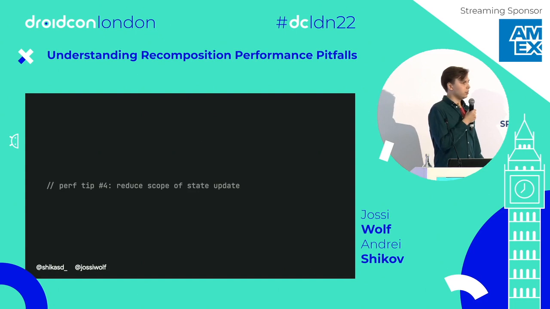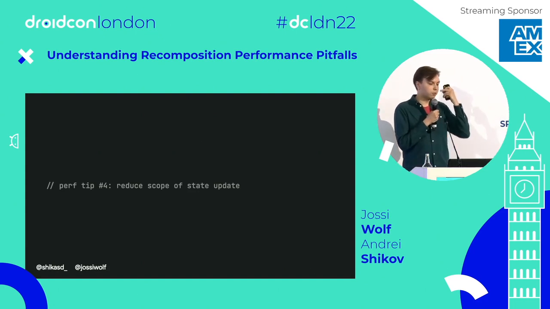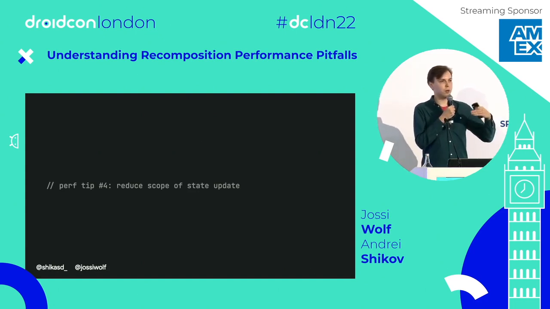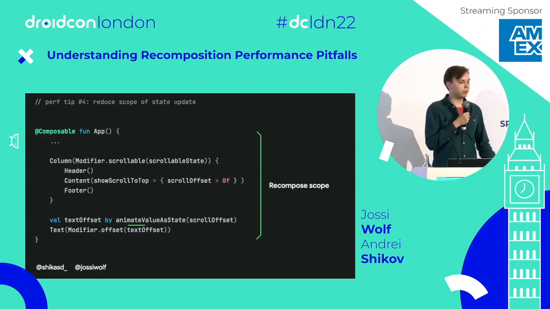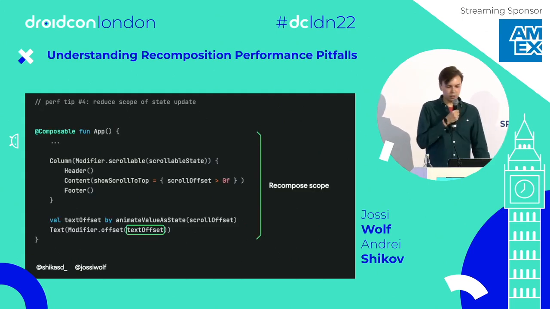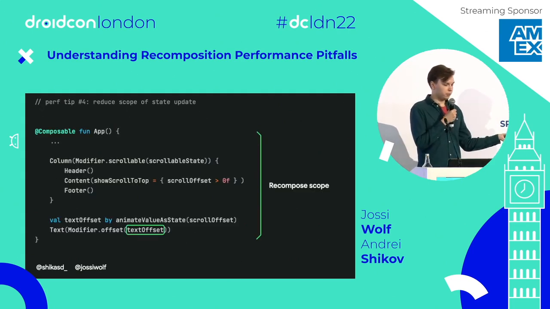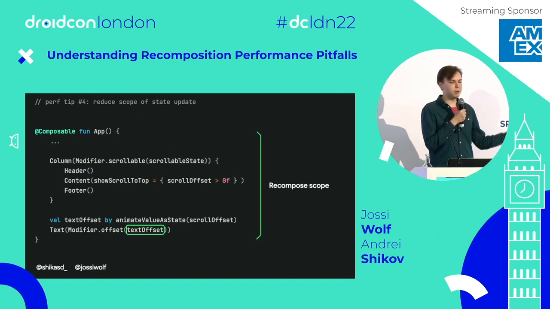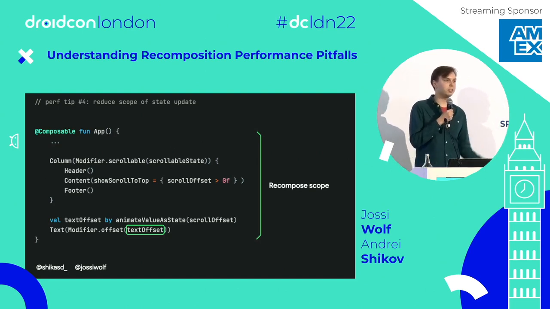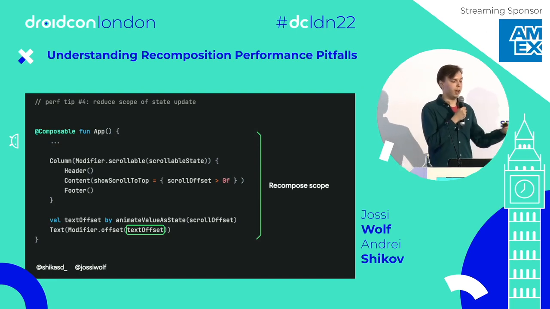The last thing in this section that I wanted to talk about is reducing the scope of state updates. We're already talking about pushing the scopes down, but we can also create our own scopes. Let's say we just added some text offset, which animates based on scroll offset or any other value. Animation, again, means state reads and state writes, meaning more recomposition of the app itself.